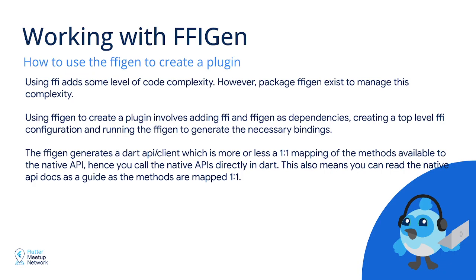However, the package FFIGen exists to manage this complexity. Using FFIGen to create a plugin involves adding ffi as a dependency and ffigen as a dev dependency. You have to create a top-level FFI configuration and run FFIGen to generate the necessary bindings.